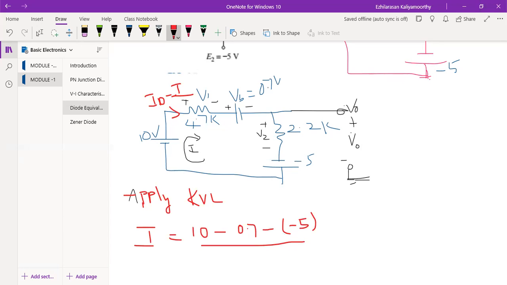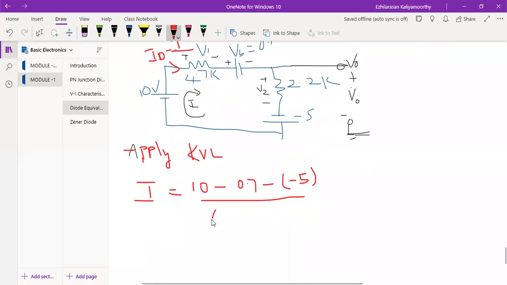So totally here, how many R do we have? Two R, that is R1 and R2, that is nothing but 4.7 plus 2.2. I hope you understood. You have to apply the loop KVL across this loop. So this voltage minus this voltage minus this voltage, but this voltage is minus 5 actually.